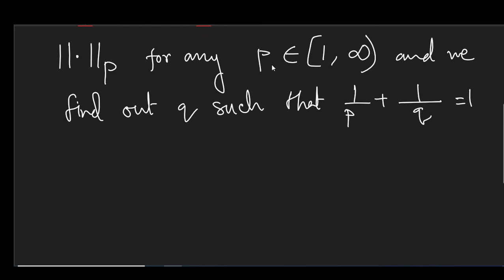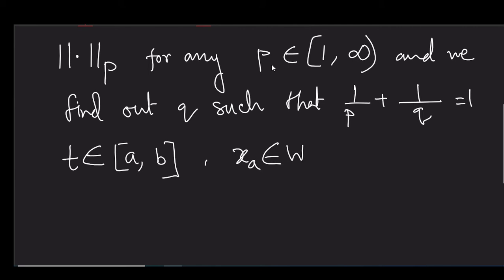So if that is the case, then we pick up t from the closed interval a comma b and two points xa and xb from set W.